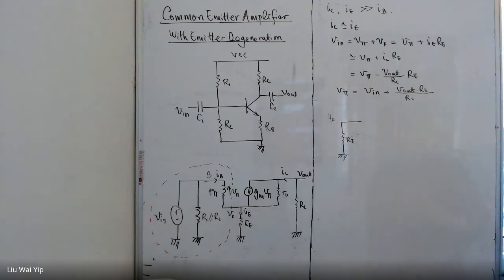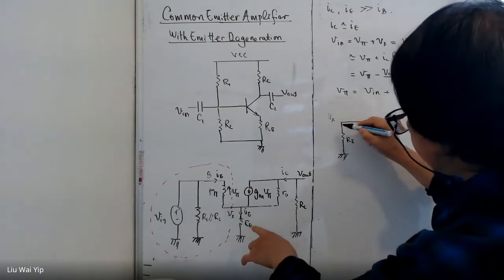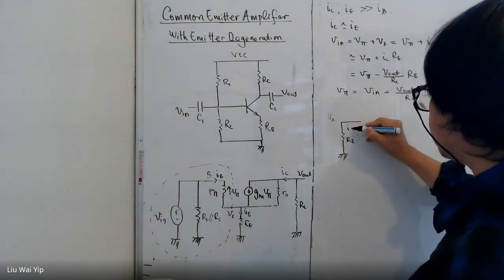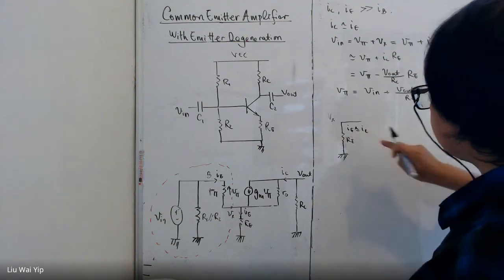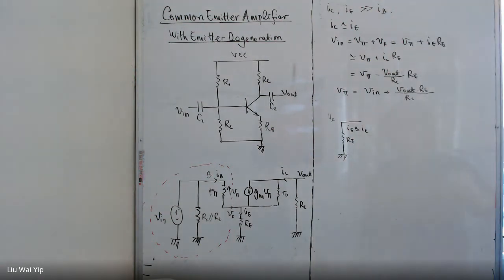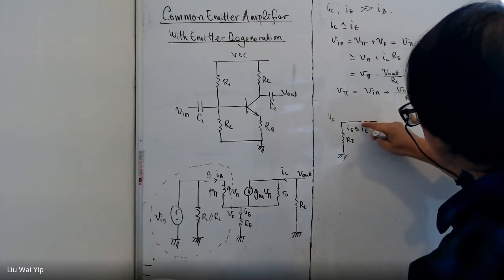And then we assume IE is almost the same as IC. And we are going to do the conversion on the fly.